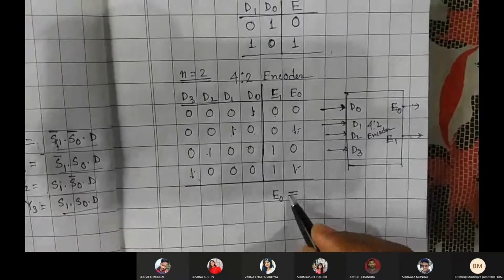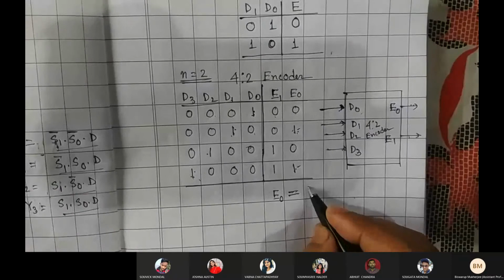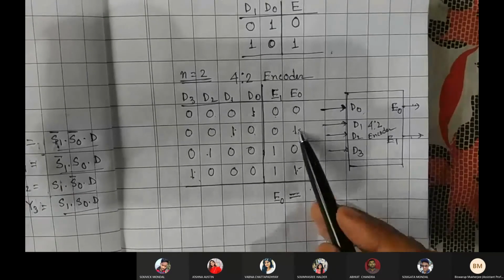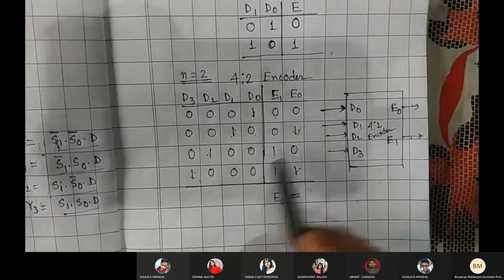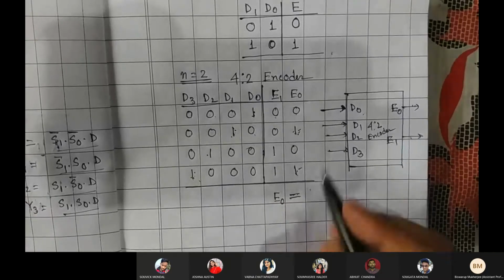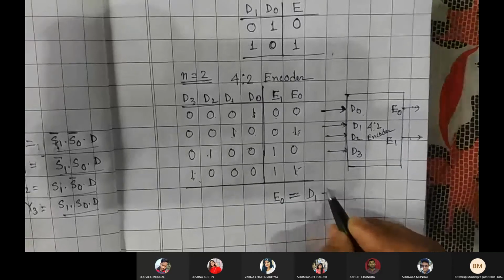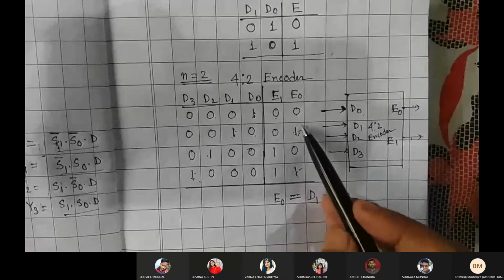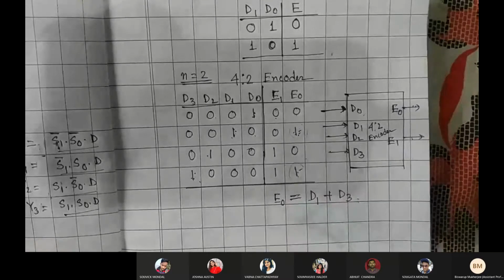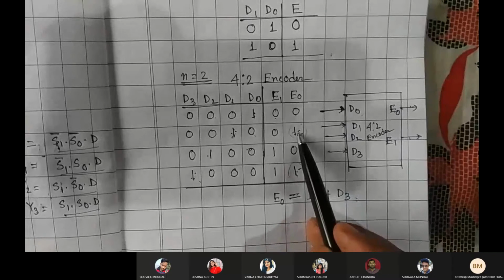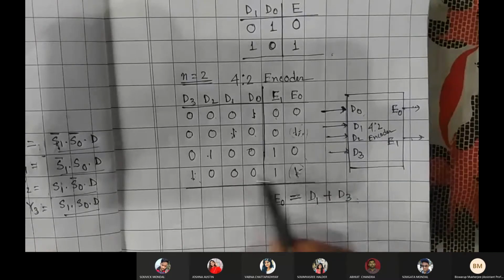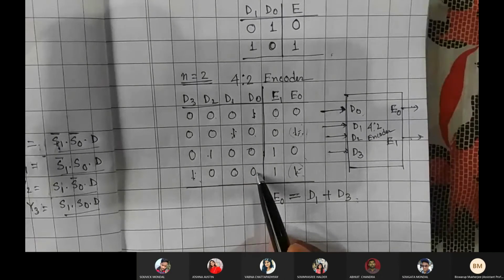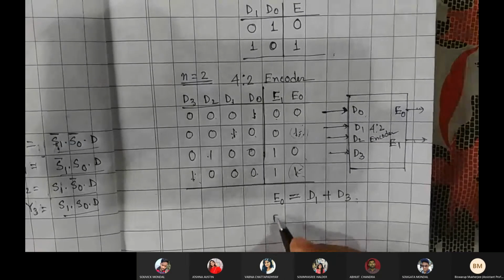So we'll be writing it like this: E0 is high if either D1 is high or D3 is high, right? So that is D1 plus D3. That is an OR operation, because these are the 2 either cases. Either D1 high, output is high, or D3 high, output is high. There are no further inputs which are remaining high in this position, so there is no option of AND operation.